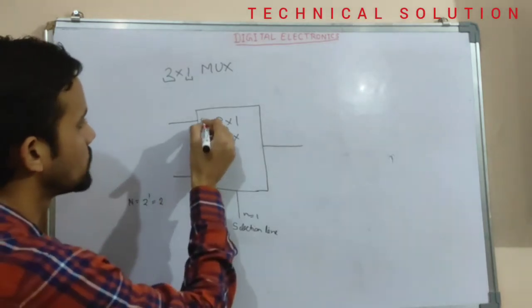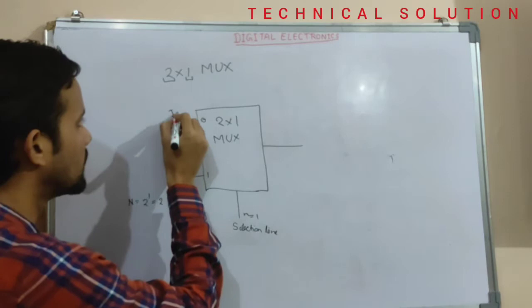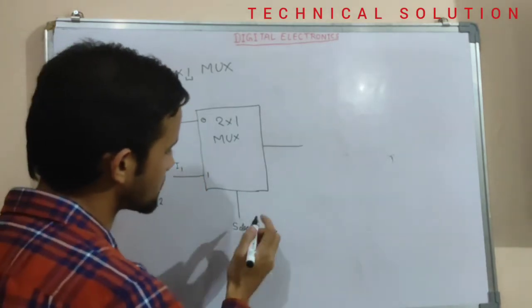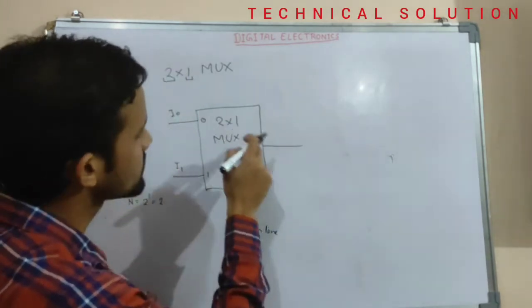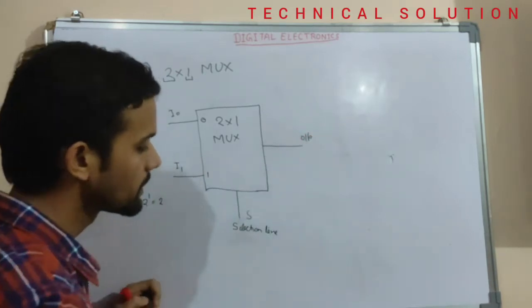These are represented as 0 and 1, I0 and I1. Let the name given to this selection line be S. Based on this selection line, the input is passed towards the output.